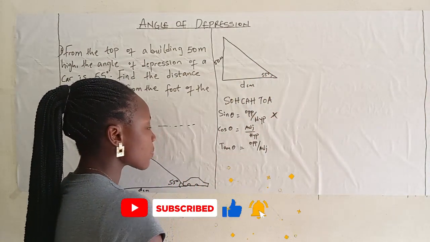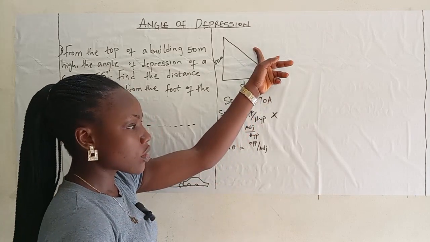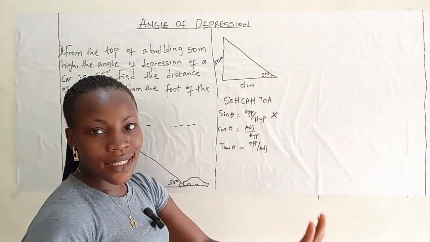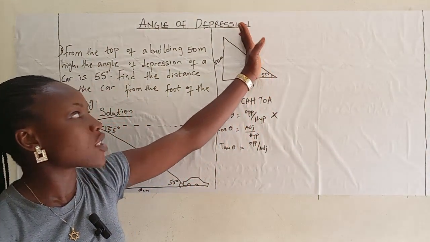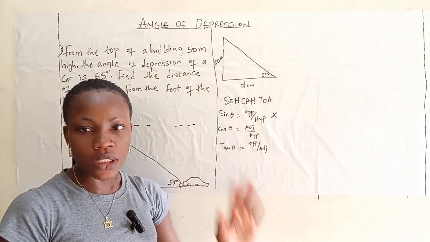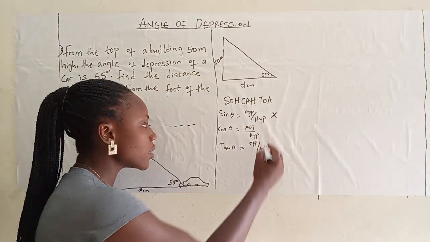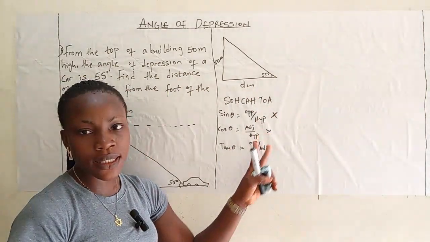Let's look at cos theta, adjacent over hypotenuse. Our adjacent is what we are looking for, while our hypotenuse has no value. They didn't assign any value to it, so we are cancelling out cos. We cannot find our adjacent using cos theta.